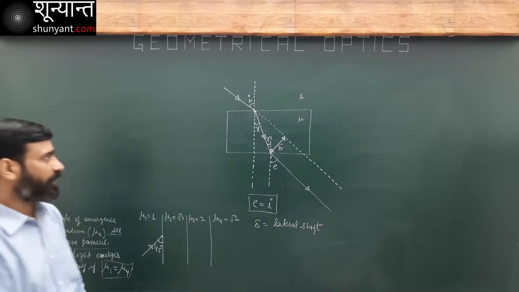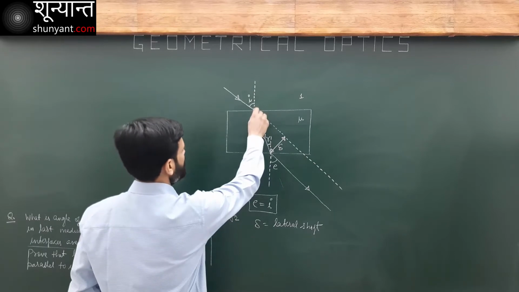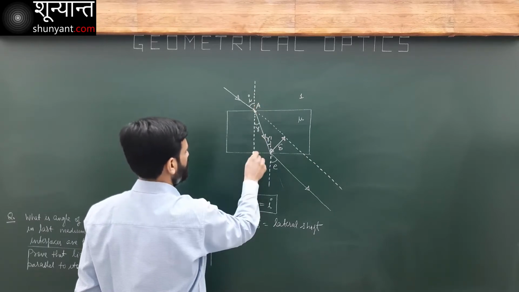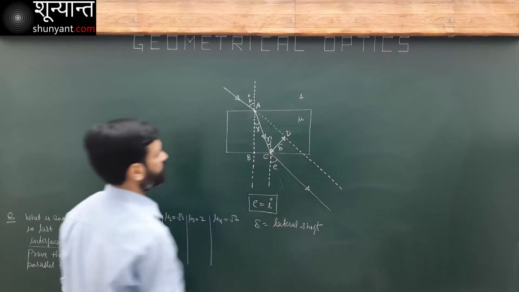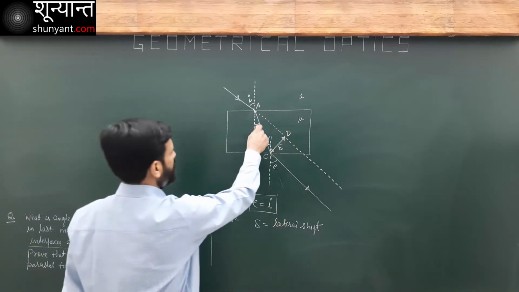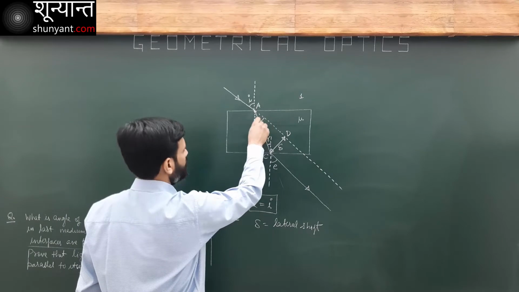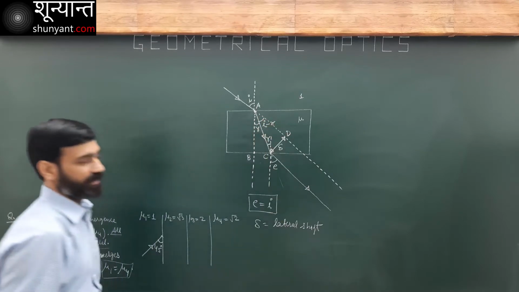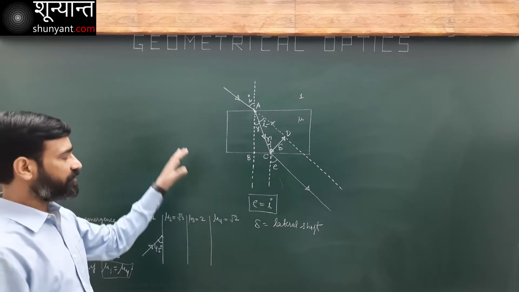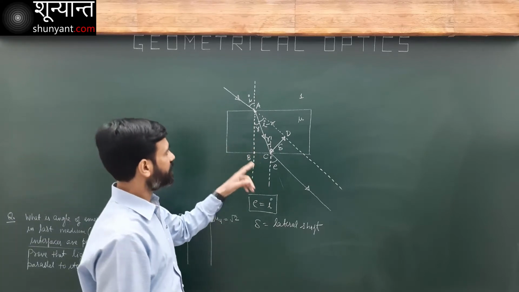Let's try to find out what it is going to be. Let's say that this point is A, this point is B here, this point is C, and this point is D. Okay? This angle is R. This angle is going to be equal to I minus R. Okay? It's very simple geometry, very simple mathematics.